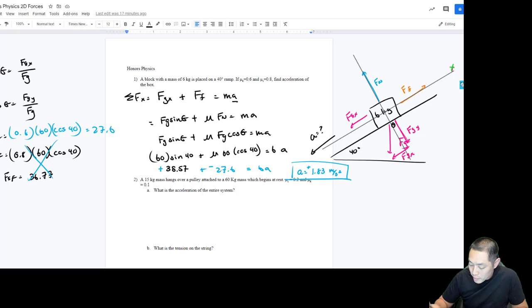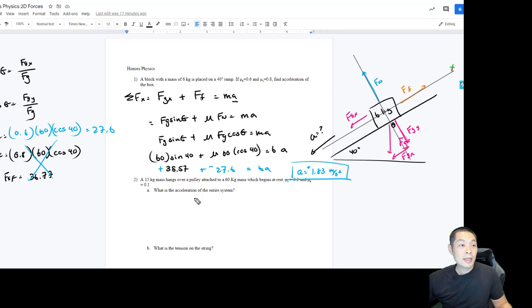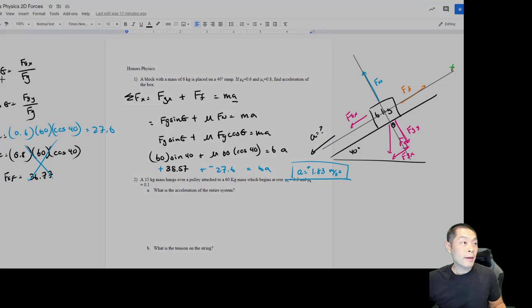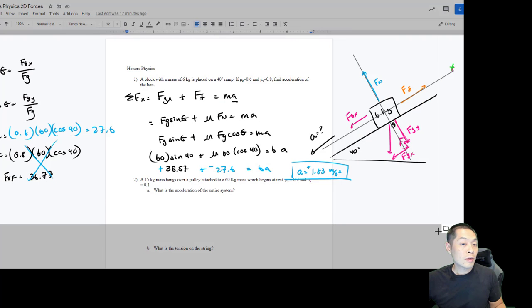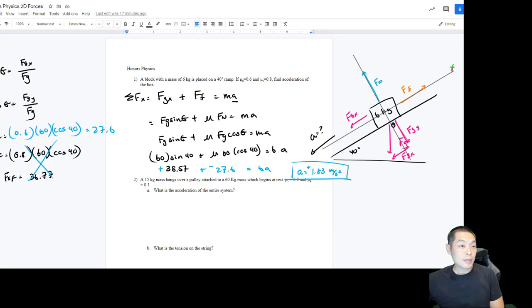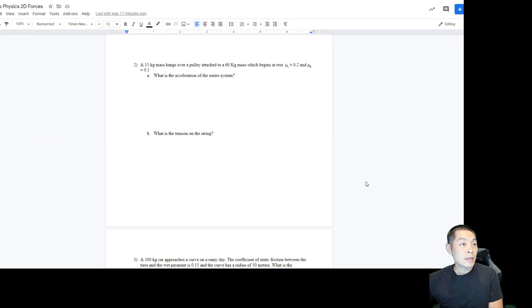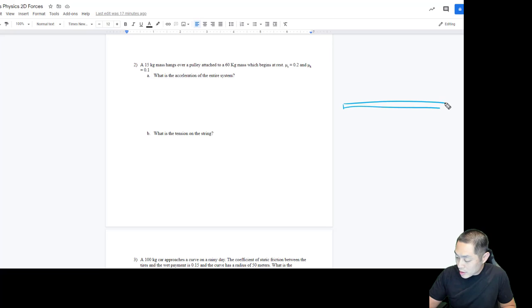Next problem. This is another classic problem, and this one is kind of an Atwood machine problem. So here we have a table.